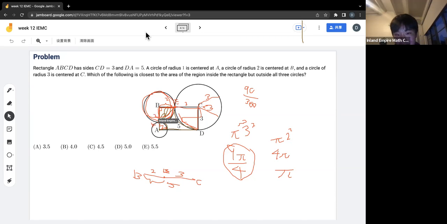And as mentioned before, BA has to equal 3 because the opposite sides of a rectangle have to be the same. That means that AF equals 1. And that means that the circle centered on A has an area of pi times 1 squared, which just equals pi.